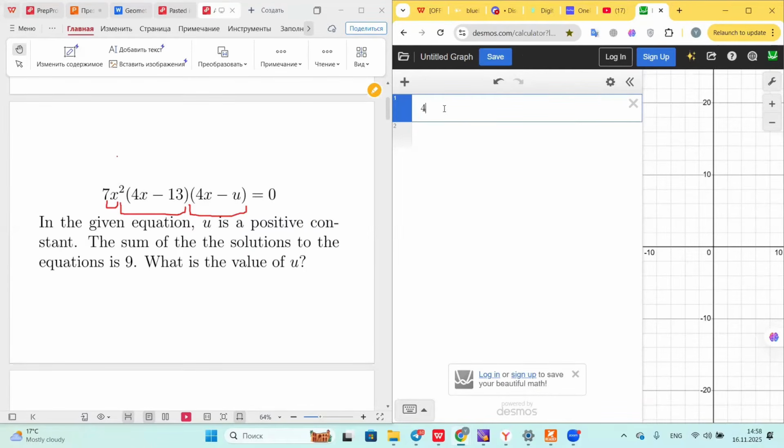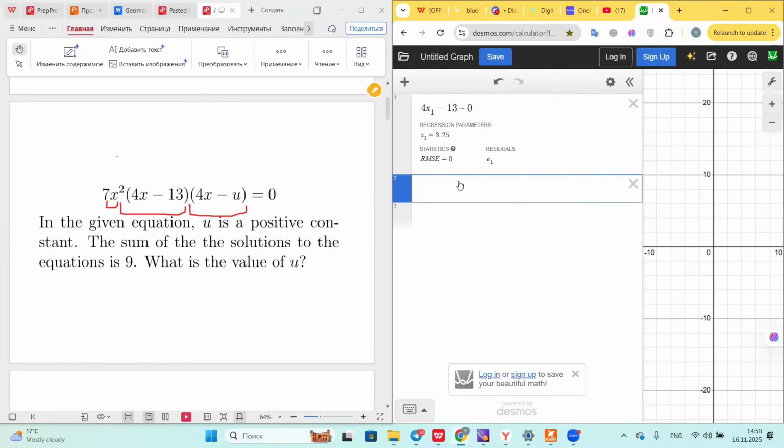If you equalize 4x1 minus 13 equals 0, you can solve this easy linear equation. After this, now x2 minus u is equal to 0. While there are two unknowns, they automatically take the value of u.